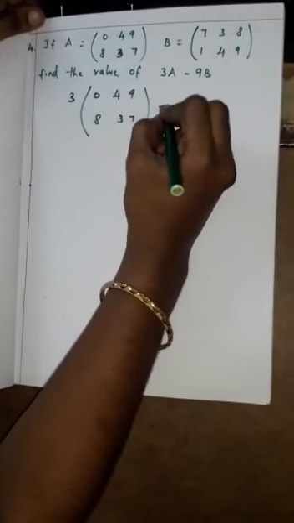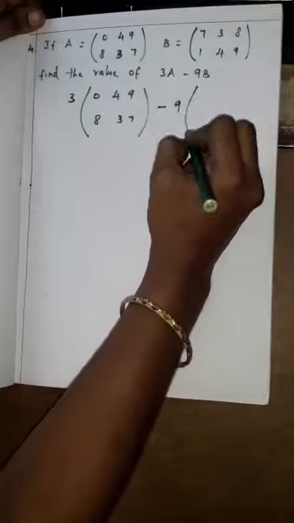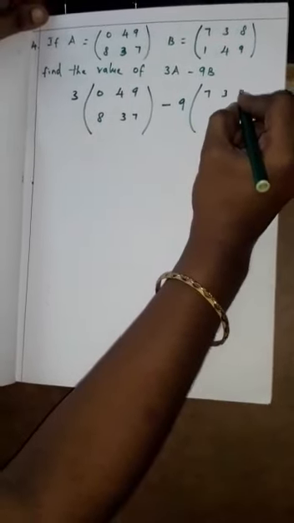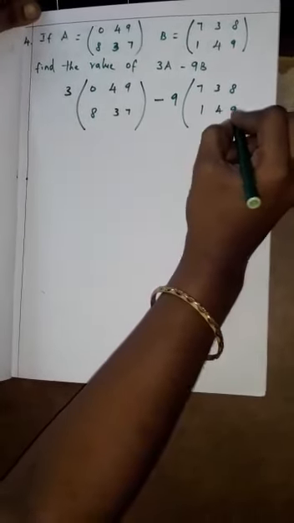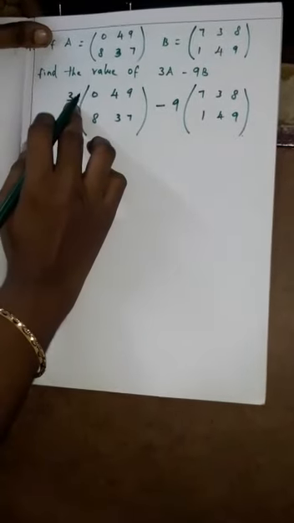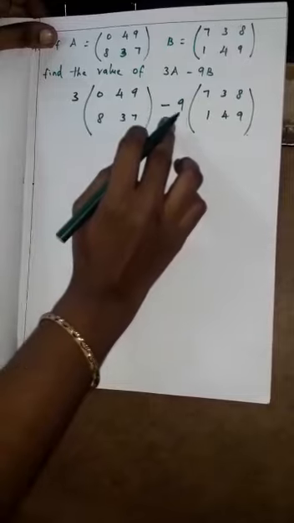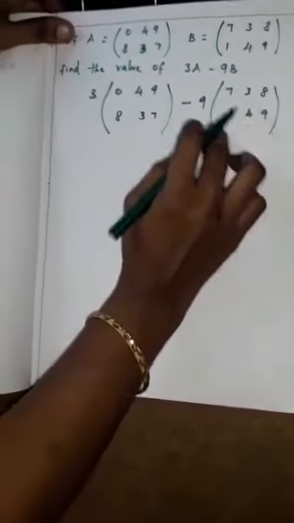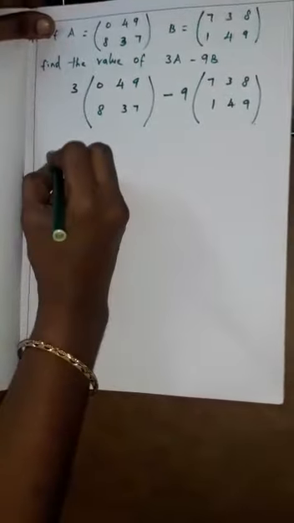Then minus 9 times the B matrix elements 7 3 8 1 4 9. Outside the brackets, 3 is multiplied with the given matrix elements and then minus 9 with this matrix's elements. So multiply all the elements.